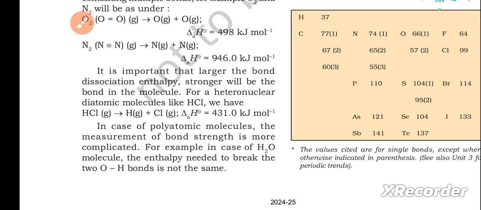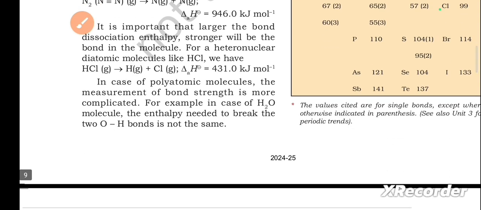For heteronuclear diatomic molecules like HCl, HCl gives rise to H plus Cl. The enthalpy is 431 kilojoules per mole. In case of polyatomic molecules, the measurement of bond strength is more complicated.